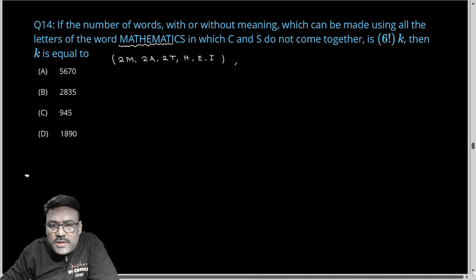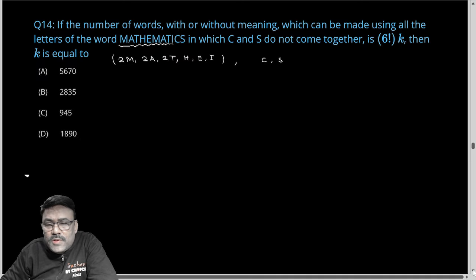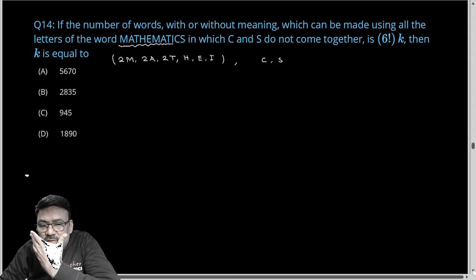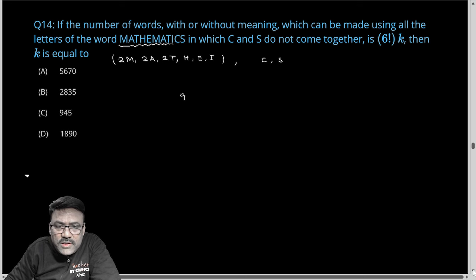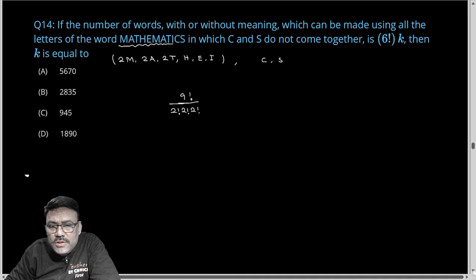You have 9 letters. And then C and S. Now you are arranging these letters in such a way that C and S should not come together. So I will arrange these 9 letters first, and these 9 letters can be arranged in 9 factorial over 2 factorial, 2 factorial, 2 factorial, because you have 2M, 2A, 2T. So this is the number of arrangements of these 9 letters.